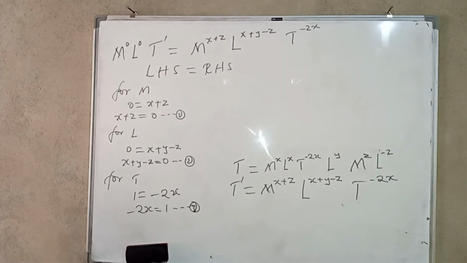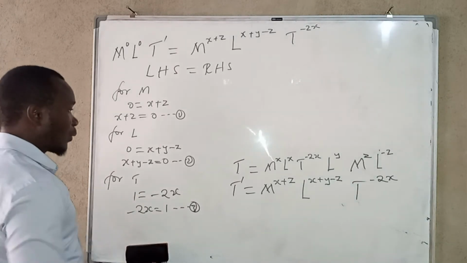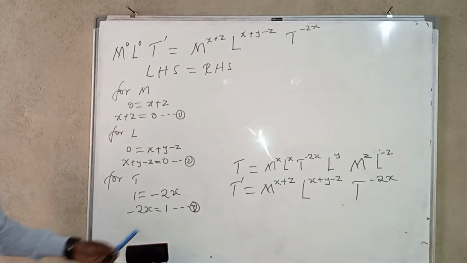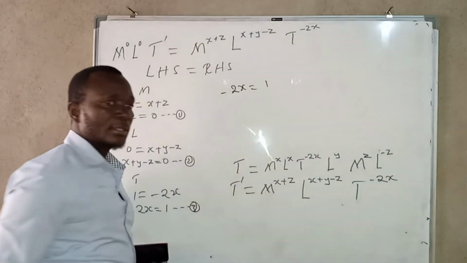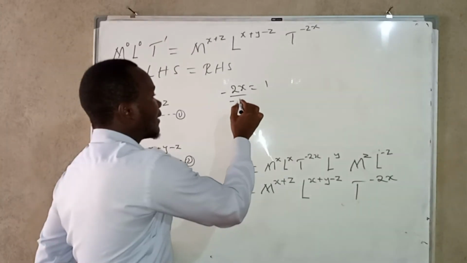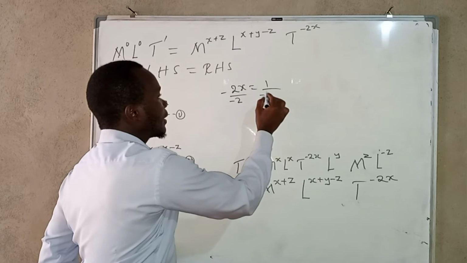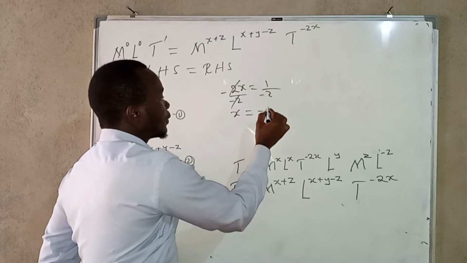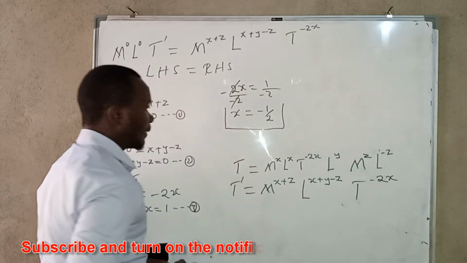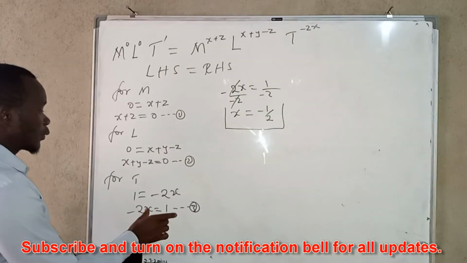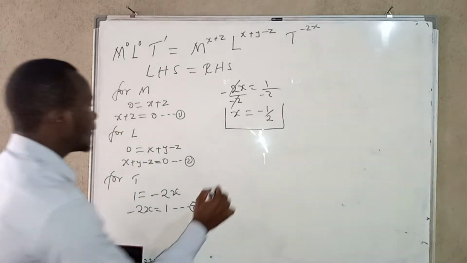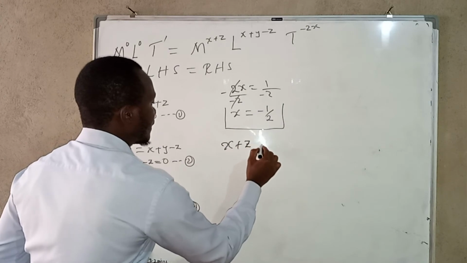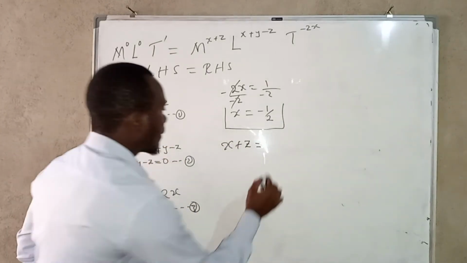Now to finish it up, we can just solve these equations simultaneously, and what we're going to get are the values for X, Y, and Z. So let us begin. From equation 3, we see that negative 2X is equal to 1. To find the value of X, we divide both sides by negative 2, and X will be equal to negative half. This is the value for X. Since we have the value of X, we can use the first equation to find the value of Z. So we have X plus Z equal to 0.